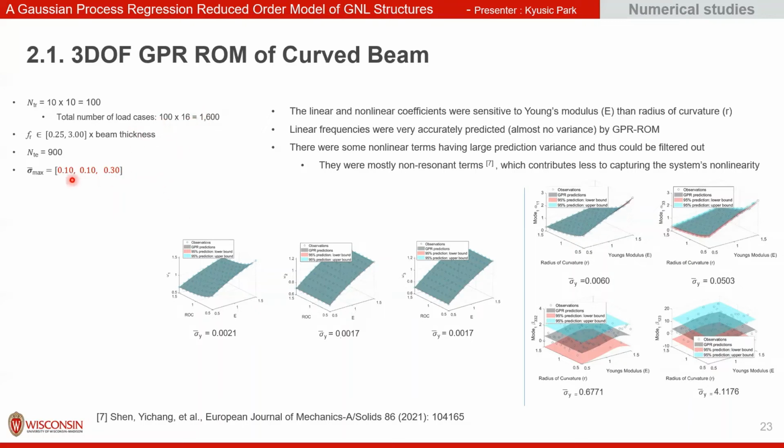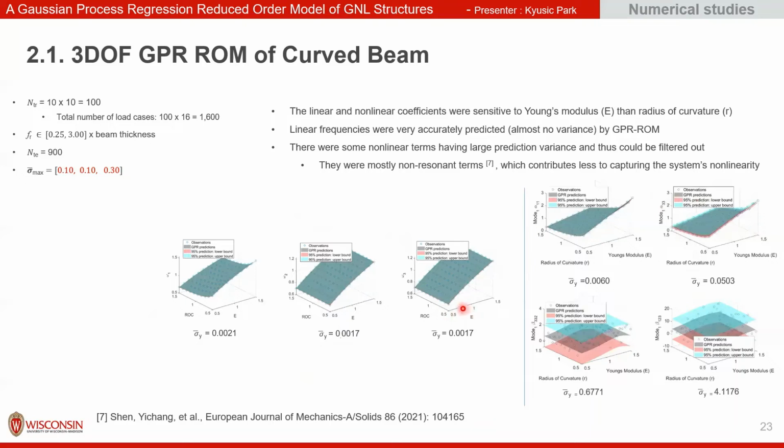The random forcing scale range was chosen wide enough to sufficiently capture the nonlinear dynamic behavior of the curved beam and large deformations. The results show that the linear and nonlinear coefficients are more sensitive to Young's modulus than the radius of curvature.